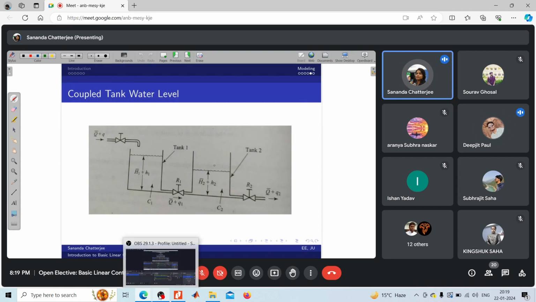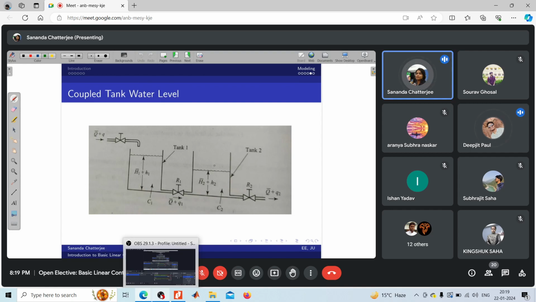So that is the significance of why we need this coupled tank system: the disturbance in the input and the disturbance in the output are not modeled. This kind of system is only used where the input flow is not in our control, or cannot be properly modeled.